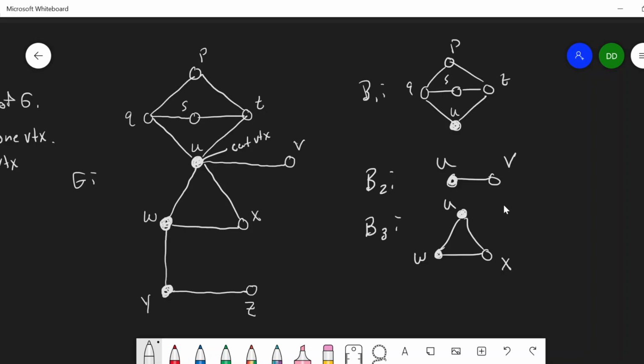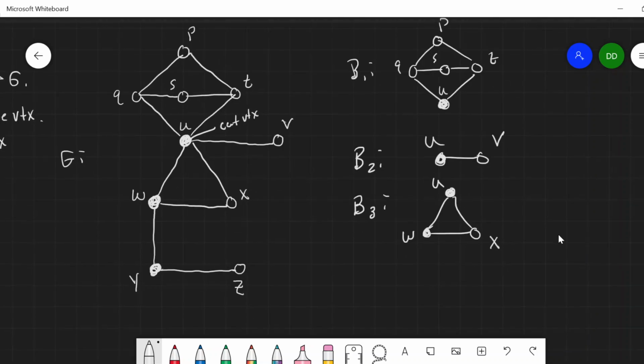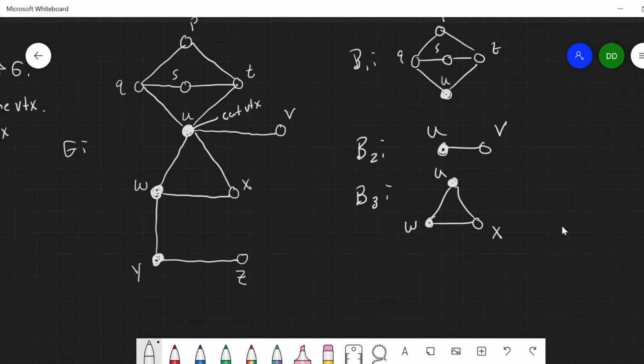If I tried to add, say, V coming off here, then U would be a cut vertex, it would separate the block, or any of these vertices, U would separate the block. And same here with W. And so this is, again, non-separable and it's maximal in the sense that it's not a proper subgraph of any other non-separable subgraph of G. That's another block.